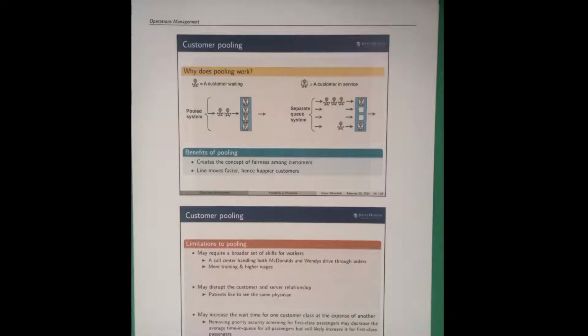In this case, yes, on average you are bringing down the average customer's wait time, but that one customer is going to feel, okay, you know what, I'm just buying a pack of gum, why do I have to wait behind this customer with a full cart of items?